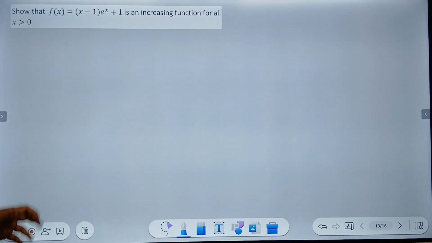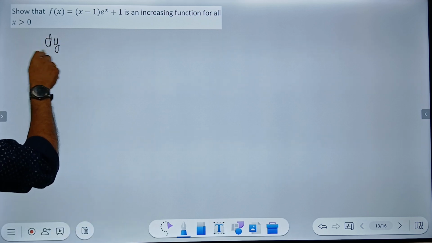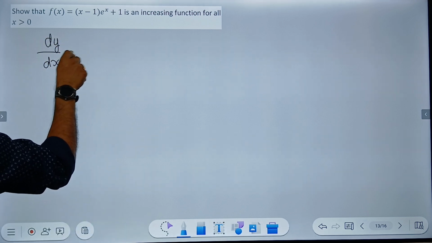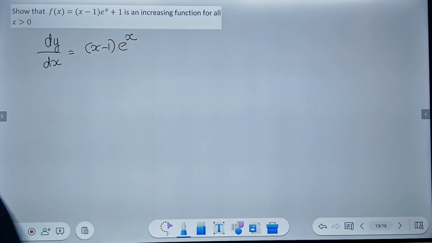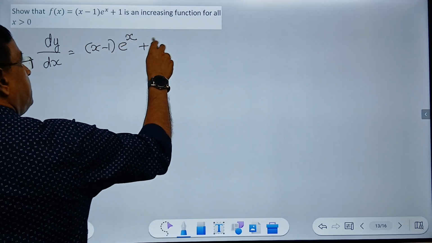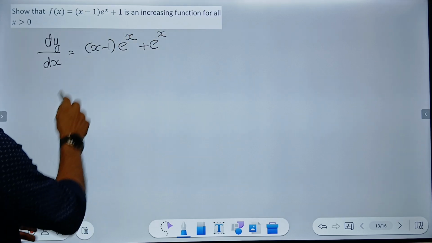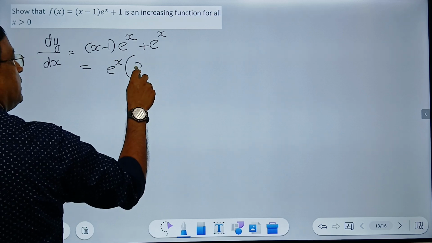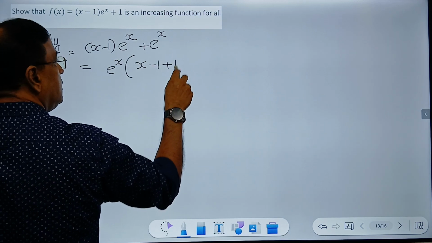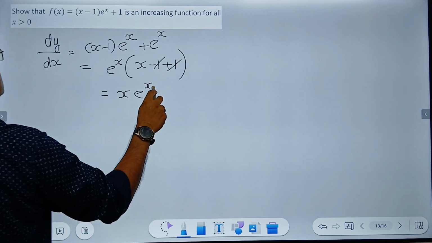Okay, now I have to once again go to the proving sum. I have the function, I differentiate. What is differentiation of this? X minus 1 into e power x, I'm using product rule, plus e power x into differentiation of x minus 1 is 1. So when I simplify this, I get e power x common, I get x minus 1 plus 1, they get cancelled, you get x e power x.